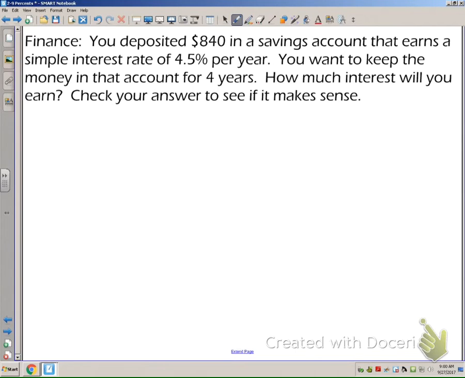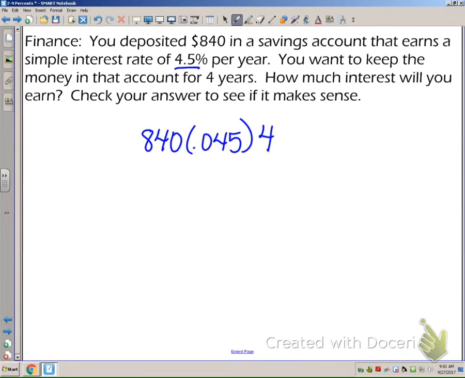So if you deposited $840 into a savings account that earns a simple interest rate of 4.5% per year, and you want to keep this money in the account for 4 years, how much interest can you expect to earn? You take the principal amount that you're depositing, that's $840, and the rate would be the 4.5%, so we know that's 0.045.